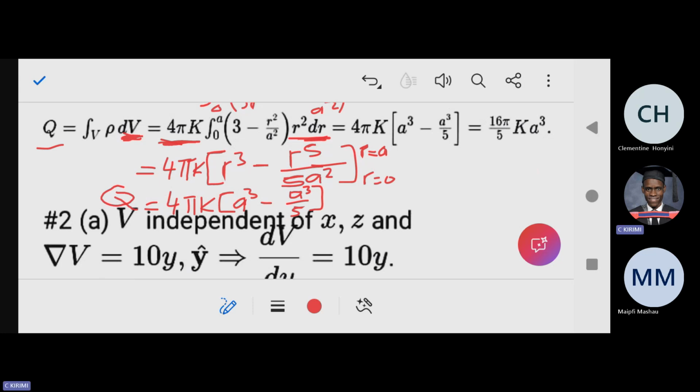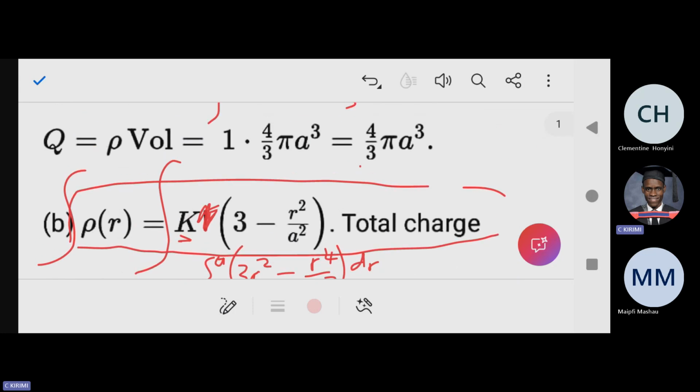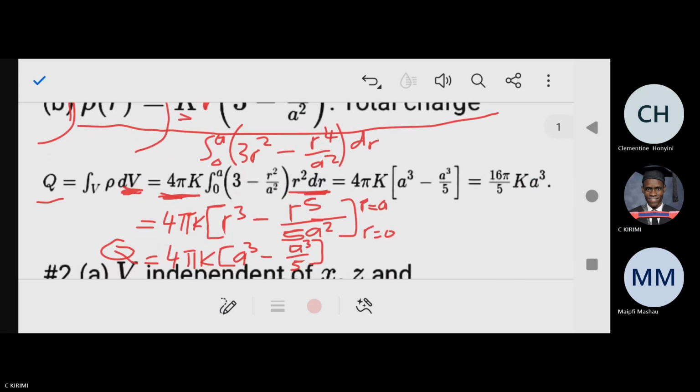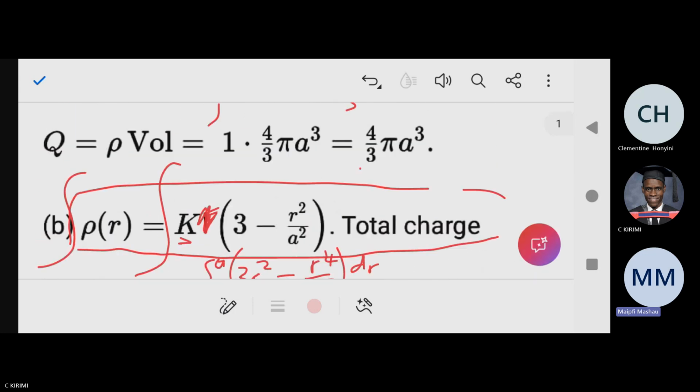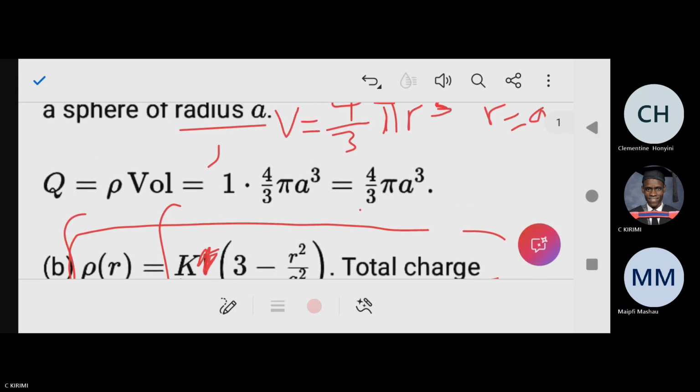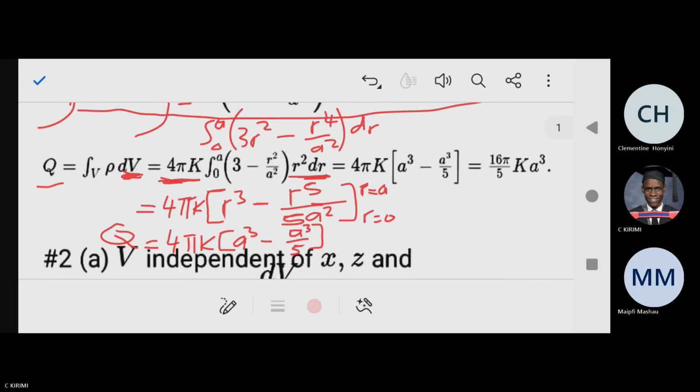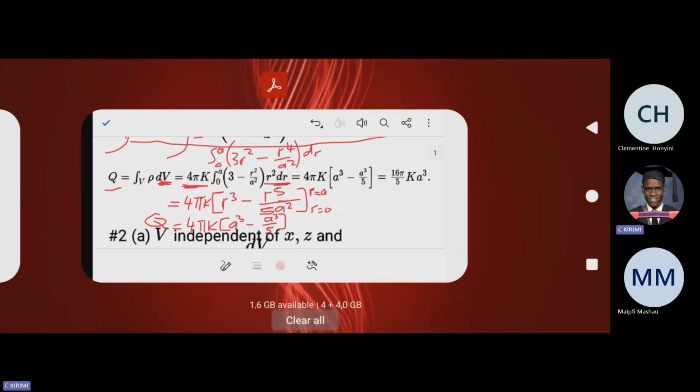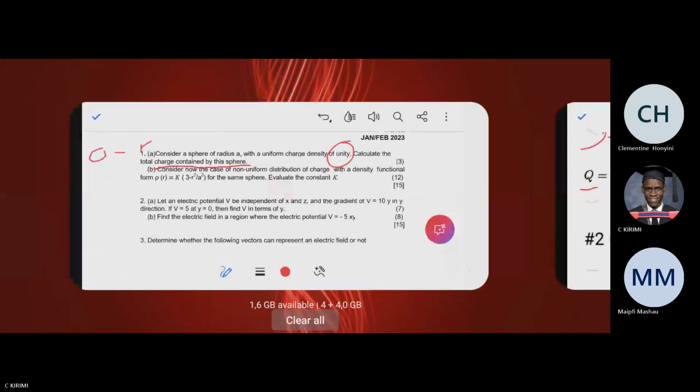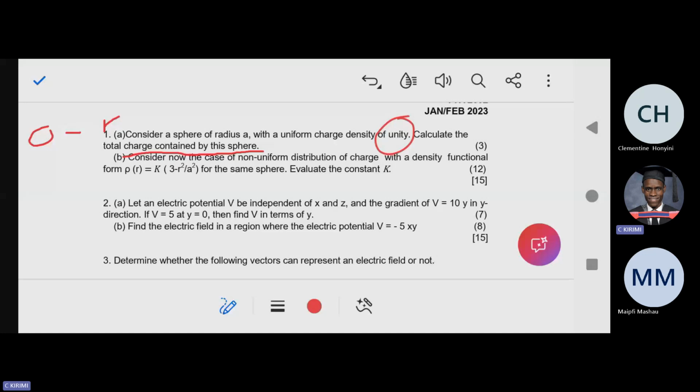What was our q? What did we find as q? 4/3 what? R cubed. Okay, 4/3 pi r cubed. The question is indicating that we evaluate the constant k.